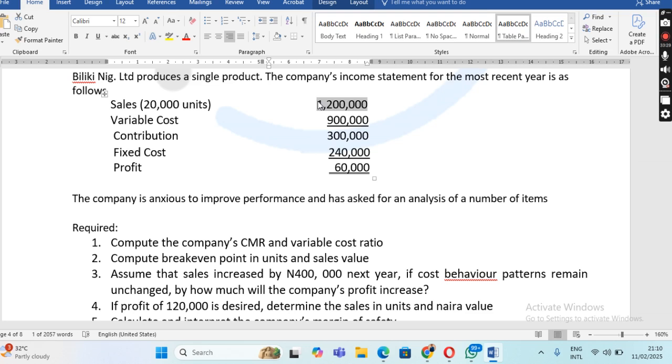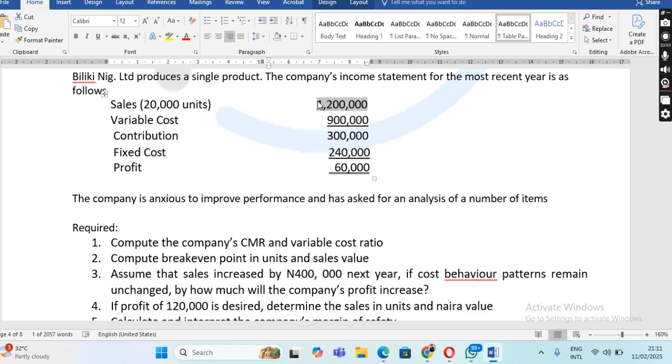If they say it increased by, you increase it by that amount. If they say it increased to, you don't need to increase it again. It has already increased. Let me repeat. When they say increase by, you need to increase your figure by that amount. But when they say increase to or decrease to, you don't need to add or subtract.